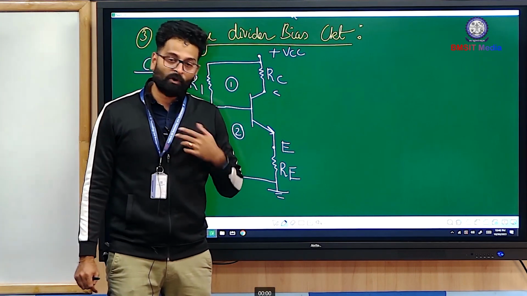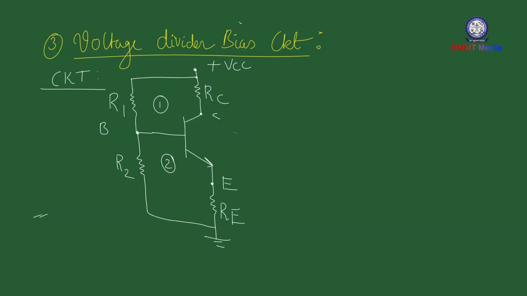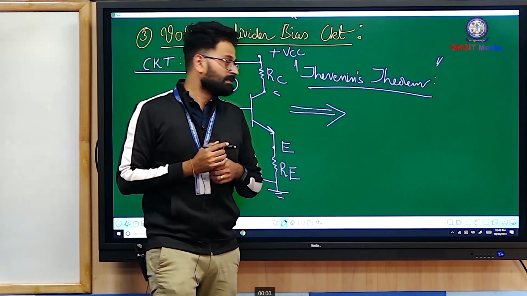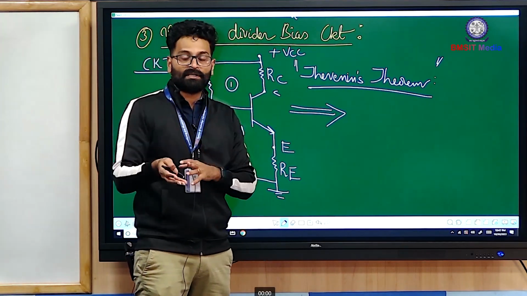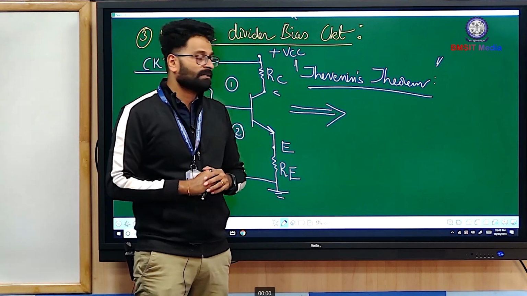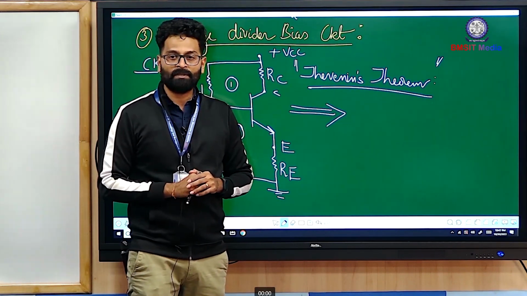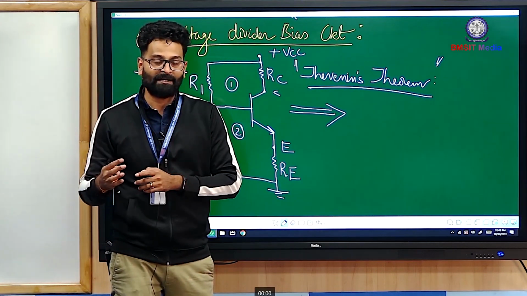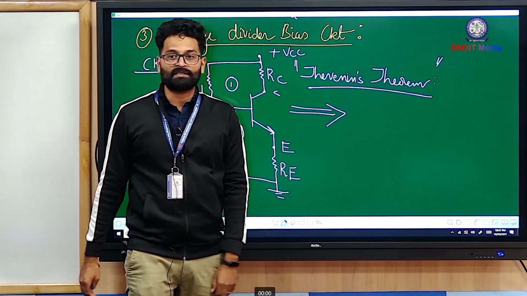So in order to avoid applying mesh analysis, we can use a network reduction theorem called Thevenin's theorem. Instead you can reduce the network using Thevenin's theorem. Once the network is reduced to a simple format, then you can apply the conventional KVL.